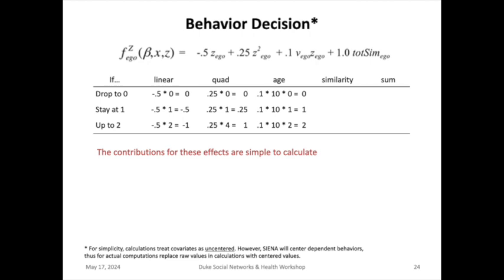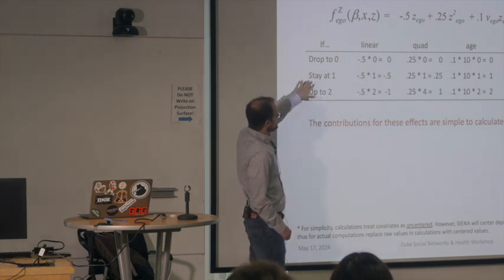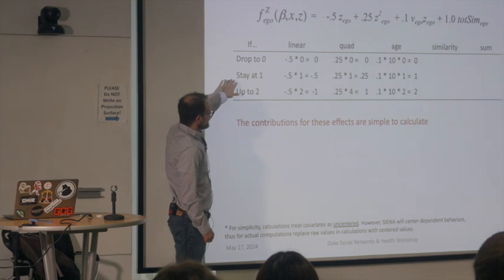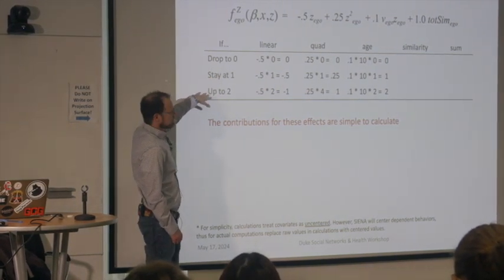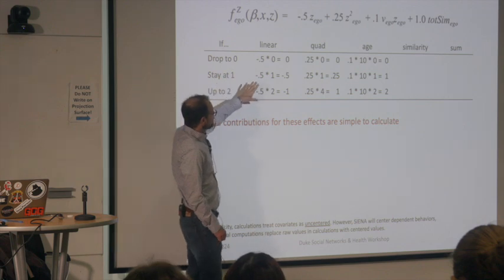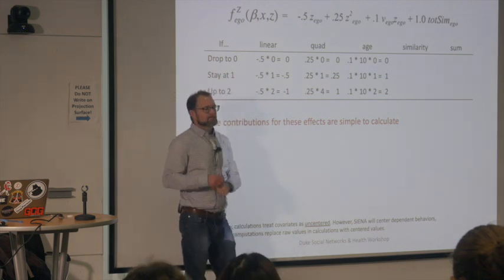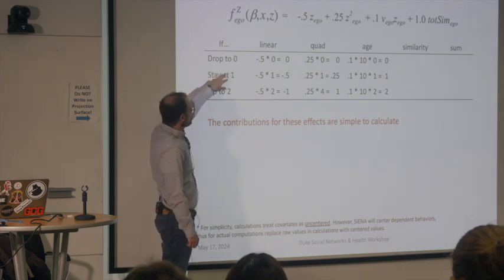Well, if we choose somebody who's at level 1, they could stay at level 1, they could drop to no smoking at all, or they could go up to be a more frequent smoker. When this actor evaluates that, we're evaluating the potential new behavior, a 0, a 1, or a 2.